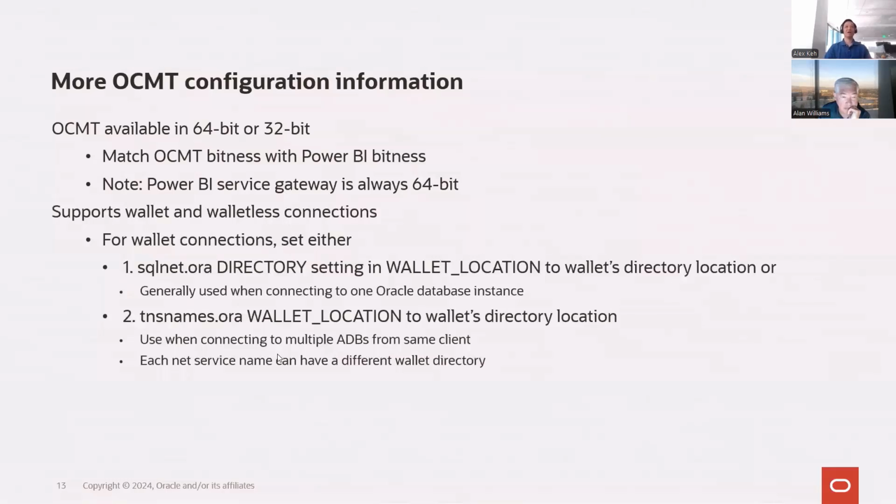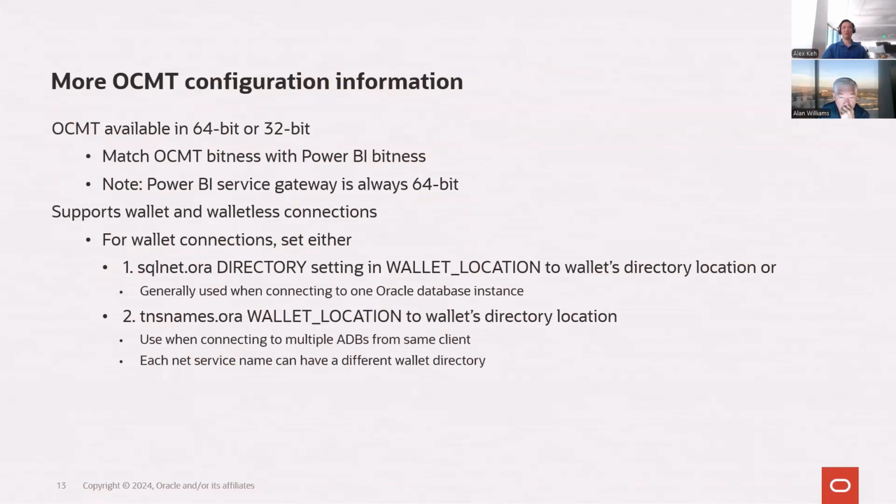If you're using wallets, which a lot of autonomous database users are doing, there's a few things you could do. If it's a single set of databases or a single wallet that you are going to connect to, you can just change the wallet location in the directory setting of your sqlnet.ora. So this is a good place to set the directory where to find your wallet if you have just one wallet and one database, or that wallet's used by the same set of databases, because sqlnet.ora applies to all the connections that you have.